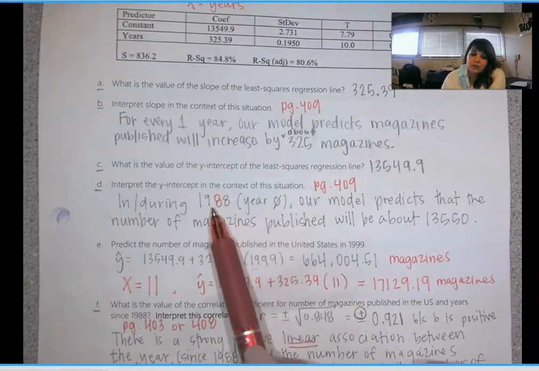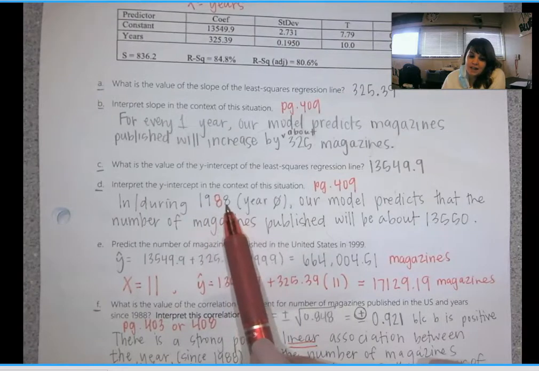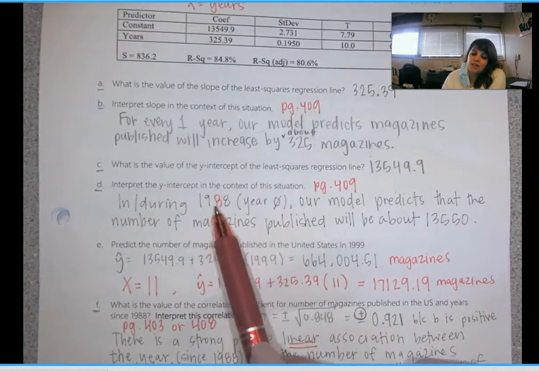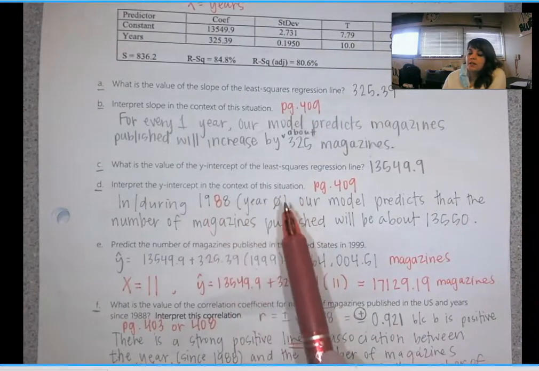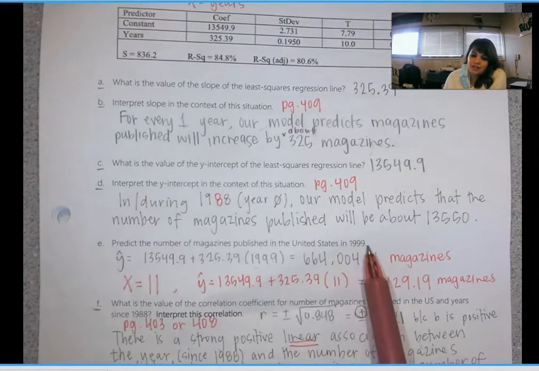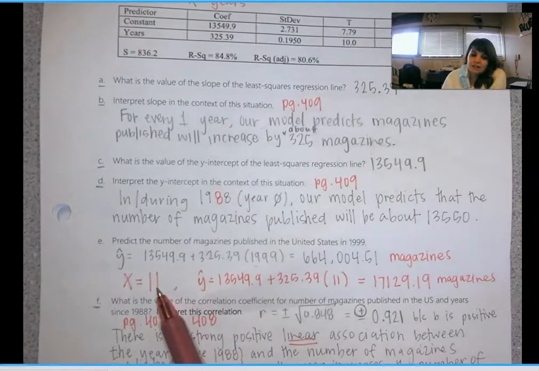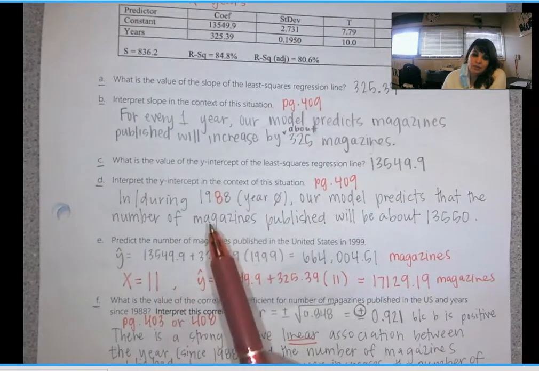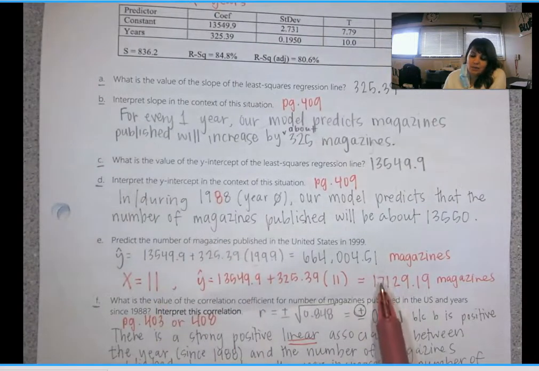If we wanted to predict for 1989, we would plug in 1. If we wanted to predict for 1990, we would plug in 2. So if we're predicting for 1999, that's 11 years. So 11 years from 1988, there were about 17,000 magazines published.